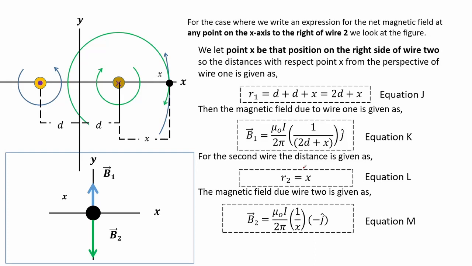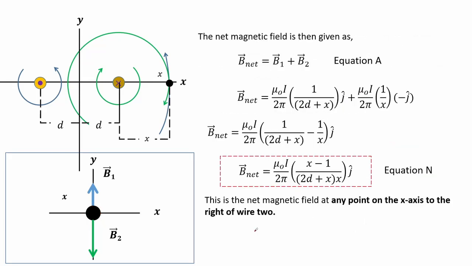We let point x be that position on the right side of wire 2, so the distance with respect to point x from the perspective of wire 1 is given as equation J. Then the magnetic field due to wire 1 is given as equation K. For the second wire the distance is given as equation L. The magnetic field due to wire 2 is given as equation M. The net magnetic field is then given as equation N. This is the net magnetic field at any point on the x-axis to the right of wire 2.